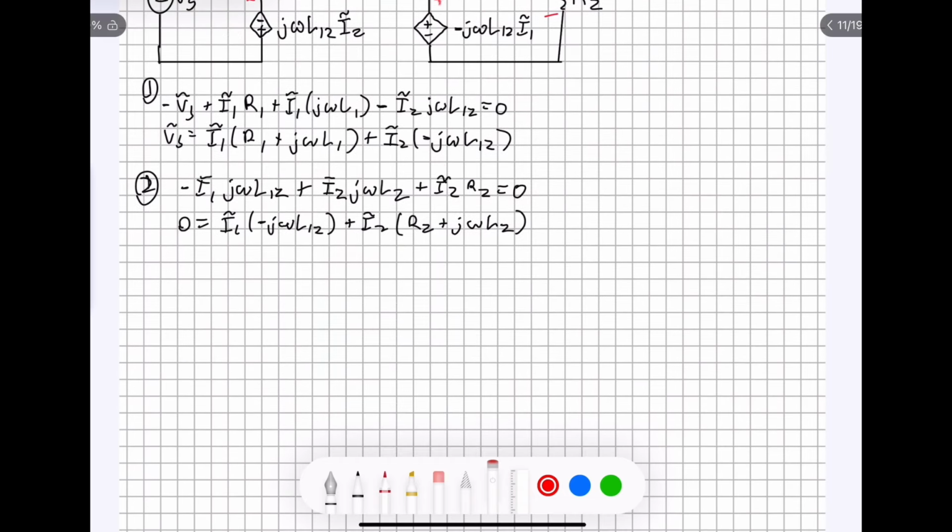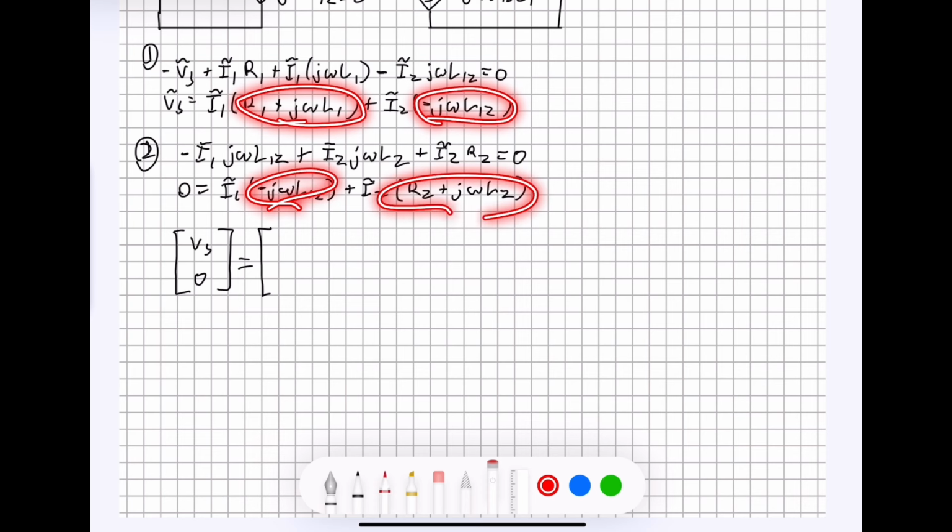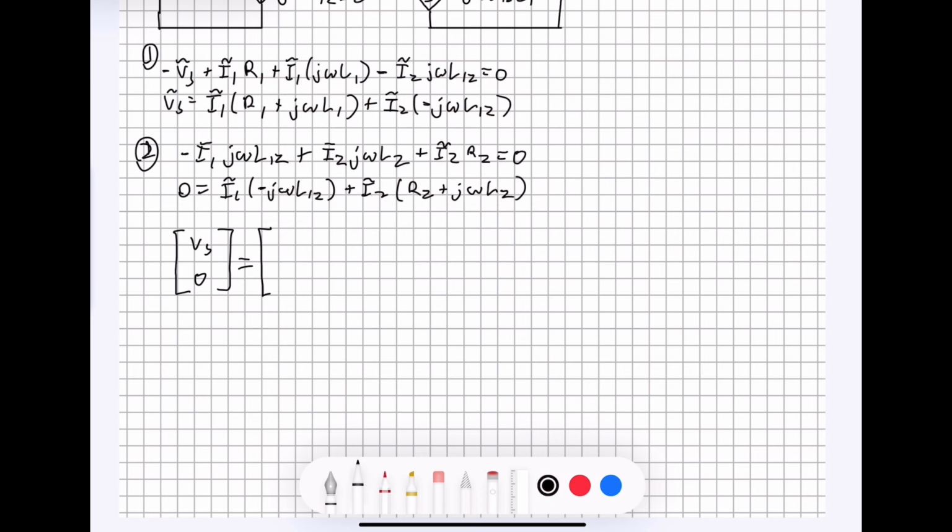So to put it in matrix form, we just put the voltages right here on this side of the equation, Vs and 0, because we've got Vs for the first equation and 0 for the second equation. Those are going to be equal to these terms in the equation. So let me just write that out.